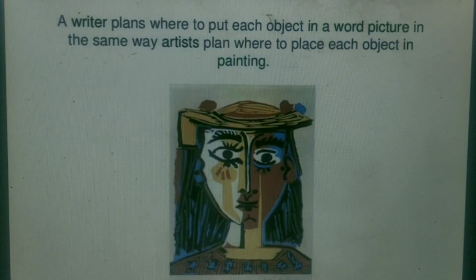So, the writer has to plan where to put each object in a word picture so that the reader is able to feel, touch, see, smell whatever the writer is describing.